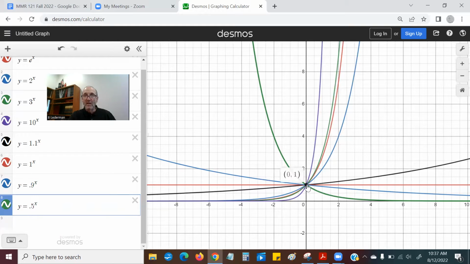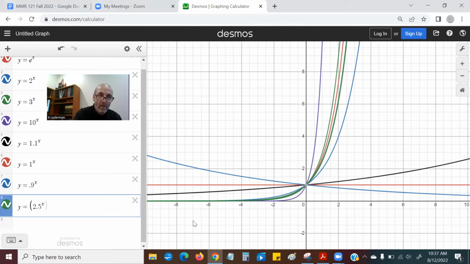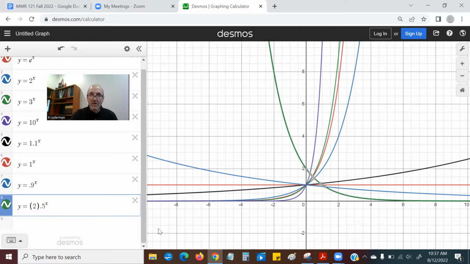Now the only way this is ever going to change is if I multiply the base by a number, for example, 2.